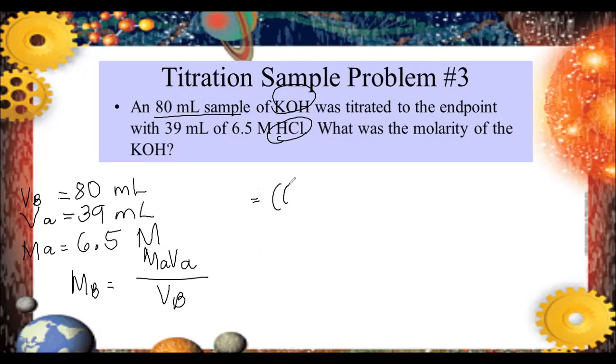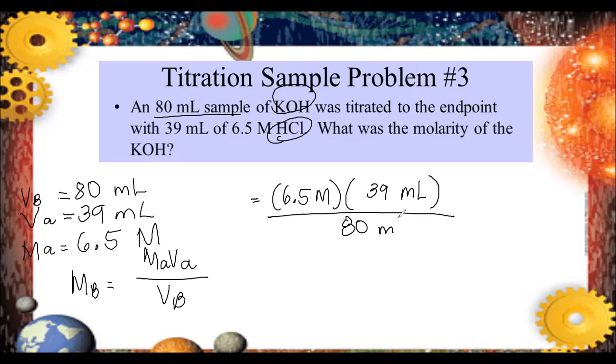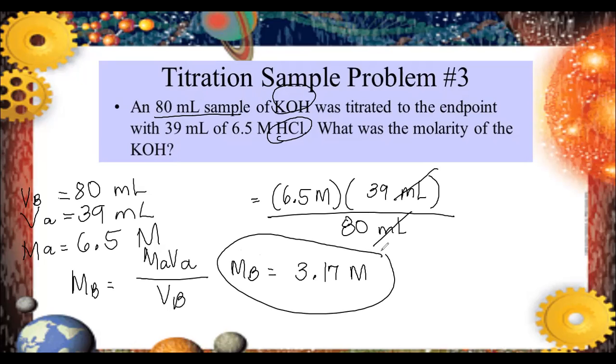So we have 6.5 moles multiplied by 39 ml over the Vb, which is 80 ml. Cancel out the same units. So proceed with the computation. So our molarity of base is 3.17 moles, which is required for the solution to reach the end point.